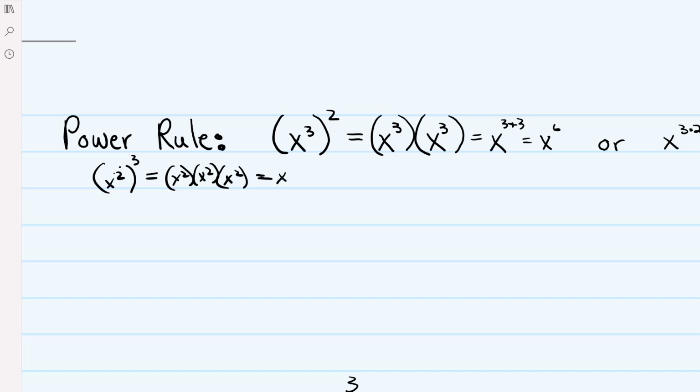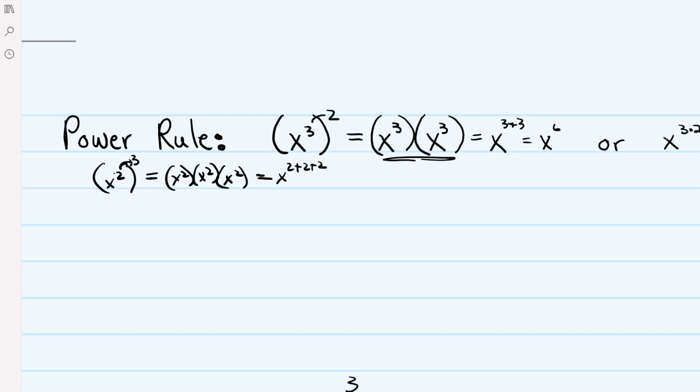If you add all of those, 2 plus 2 plus 2 is the same as 3 times 2. So when a power is being raised to another power, you simply multiply. Here I gave the example, x cubed squared becomes x cubed times x cubed, 3 plus 3.